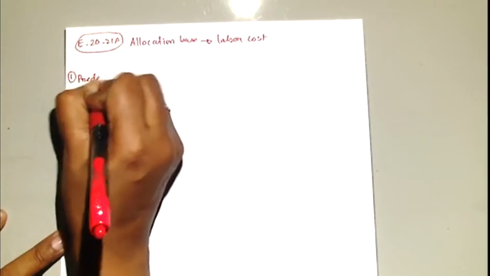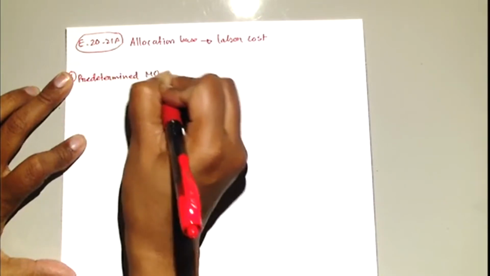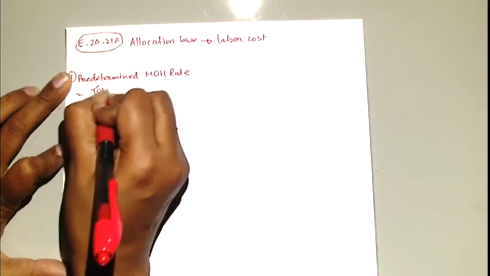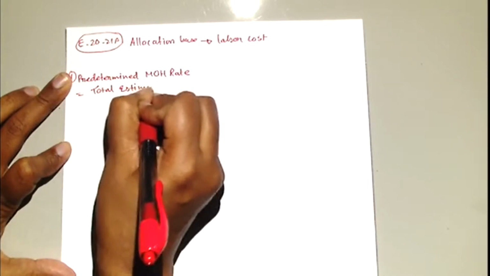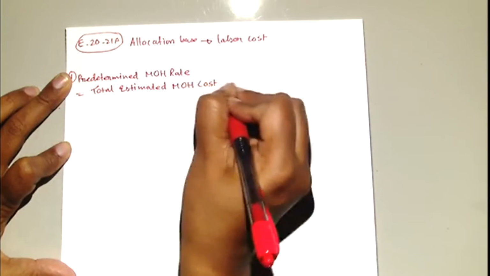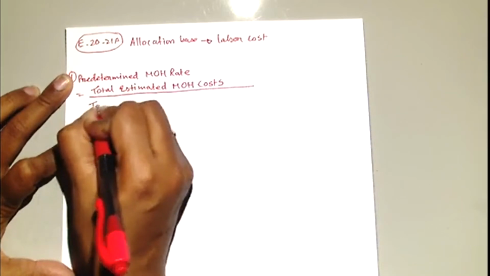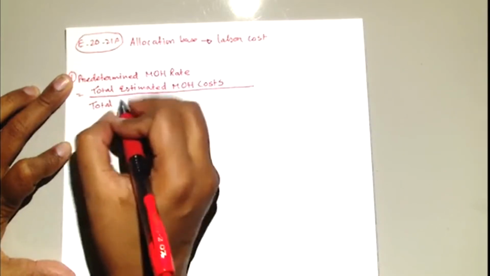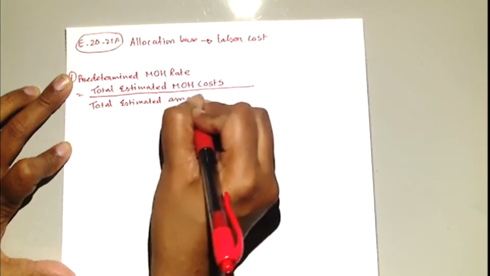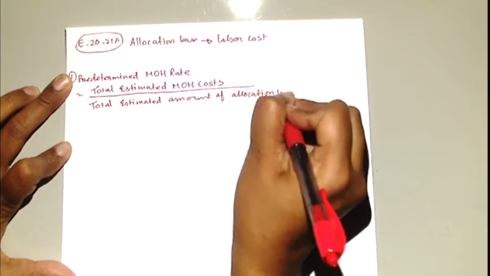Predetermined manufacturing overhead rate is your total estimated manufacturing overhead cost divided by total estimated amount of allocation base. You may ask, why is the professor writing this every time? I want everyone to write the total equation every time. Then this is how you will remember it.